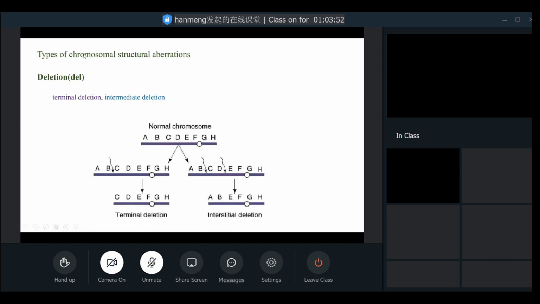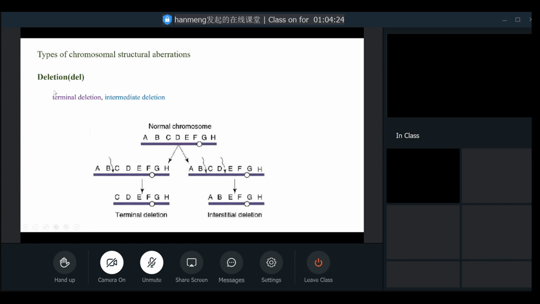First, we will see the deletion, DEL. As to the deletion, you should think about the structure of the chromosome. The deletion may occur in the terminal of a chromosome, and maybe in the interspace of the chromosome.